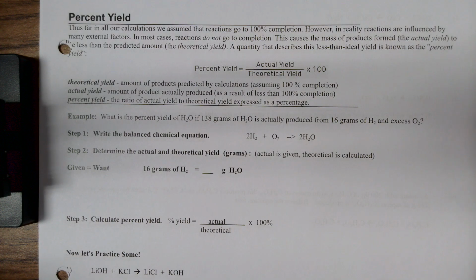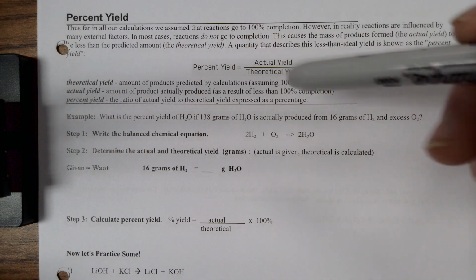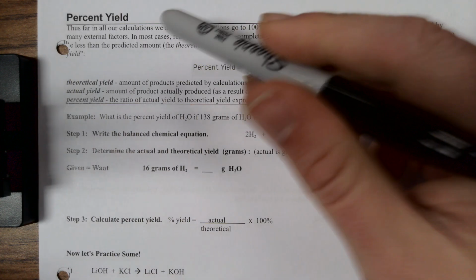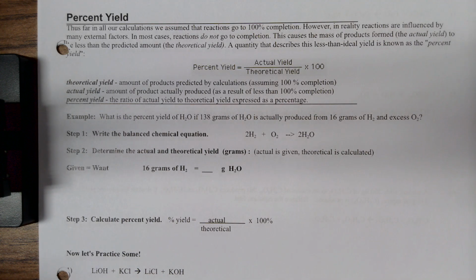Percent yield. Thus far, calculations have assumed that the reactions go to 100% completion. However, in reality, reactions are influenced by many external factors. In most cases, reactions will never get to 100% completion. This causes the mass of the products formed, the actual yield.